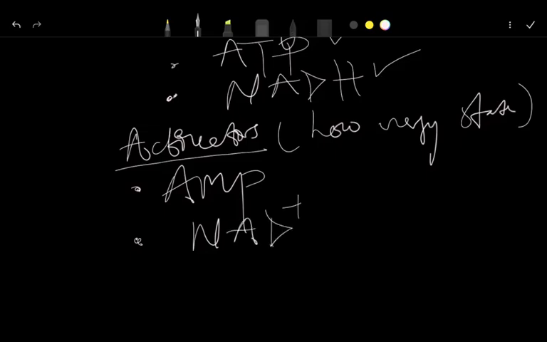Is that not so? Can you think of any other activator? Even the substrate pyruvate, you know it is pyruvate that comes in. So the substrate pyruvate can also activate it. Just the way the product acetyl-CoA inhibits, the substrate pyruvate can also activate it. So in the presence of high pyruvate, that complex will be activated.